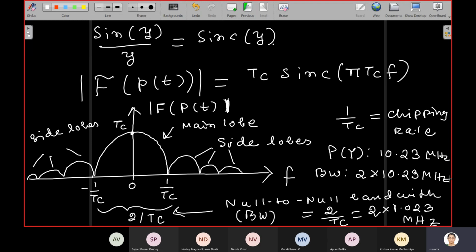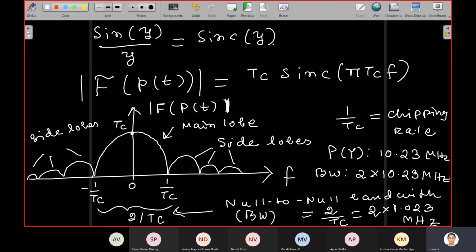Okay, so if we do not know the chipping rate of two codes, if we just see the Fourier transform of the two codes and see the null to null bandwidth, from there itself we can conclude which code will give us a better ranging accuracy. So if you just see the sinc pattern of the PY code and the CA code, you will see that the CA code has a narrow null to null bandwidth compared to the PY code. PY code null to null bandwidth is 10 times more.